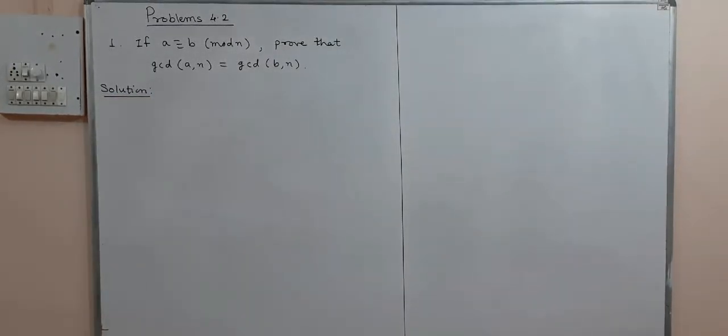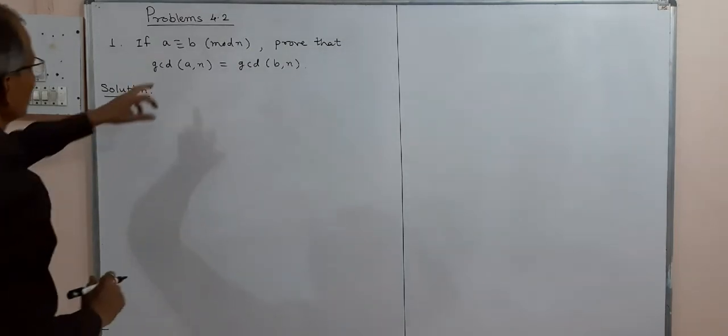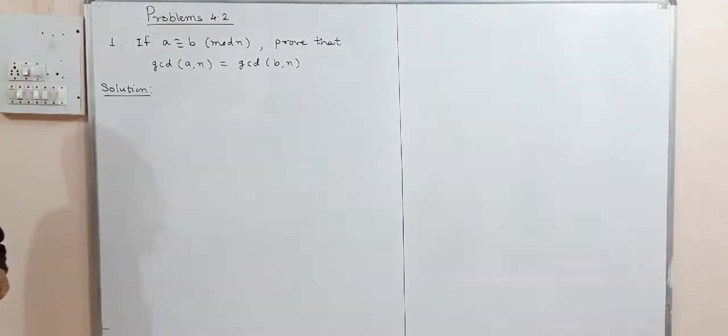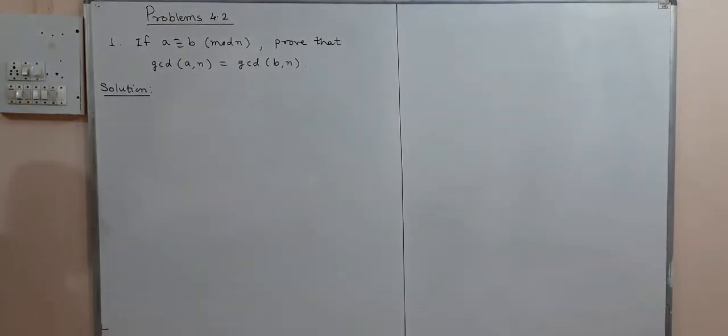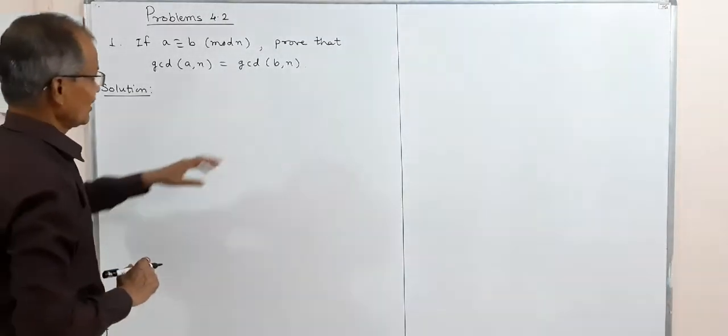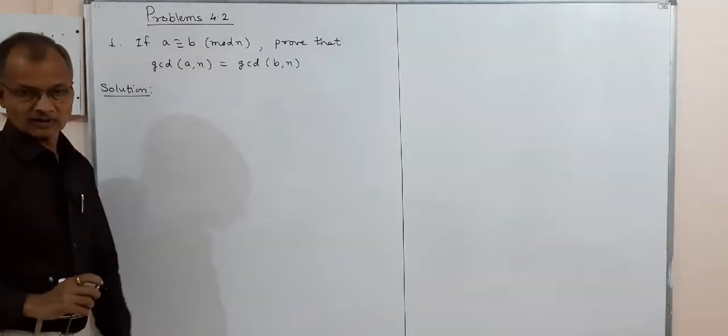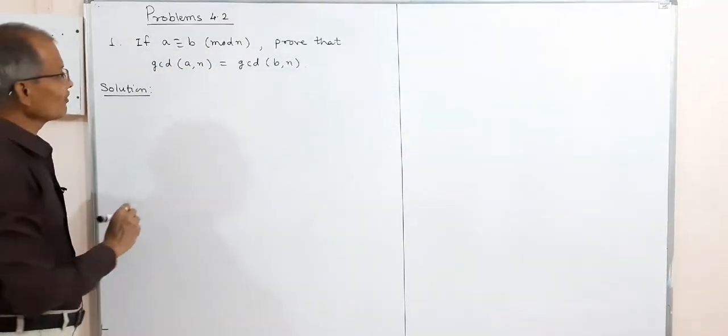So this is the first example we are considering. As a is congruent to b modulo n, we have to prove that GCD of a and n is equal to GCD of b and n. Now we shall start with the congruence relation, a is congruent to b modulo n.